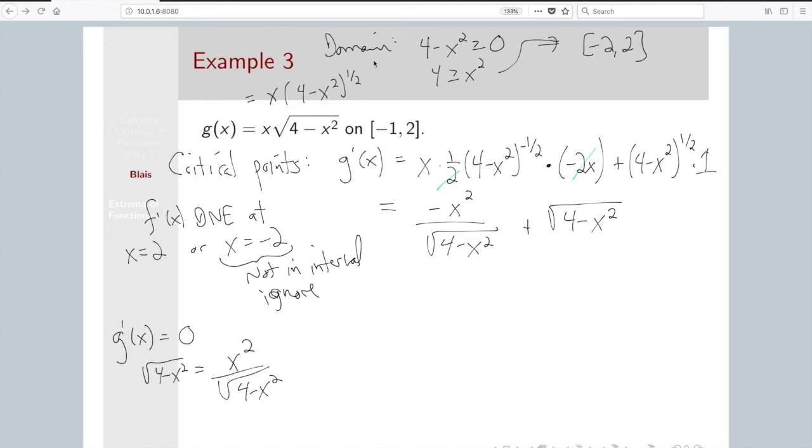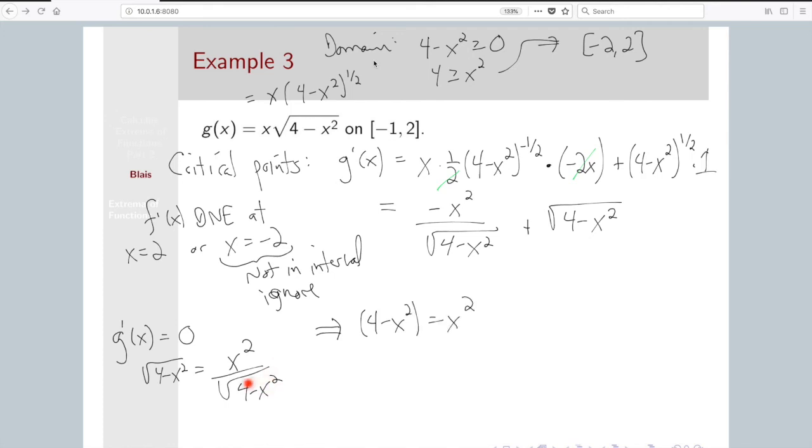So this is just a result of setting this to equal 0, and then adding this term with the minus sign to both sides. Now multiply both sides by root 4 minus x squared, and we get 4 minus x squared equals x squared.